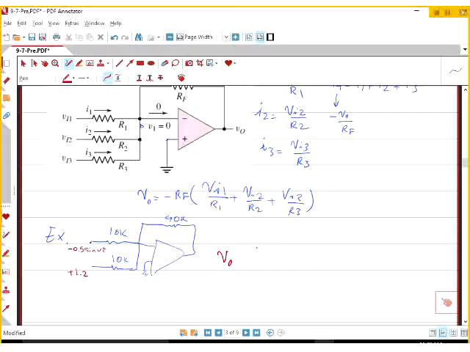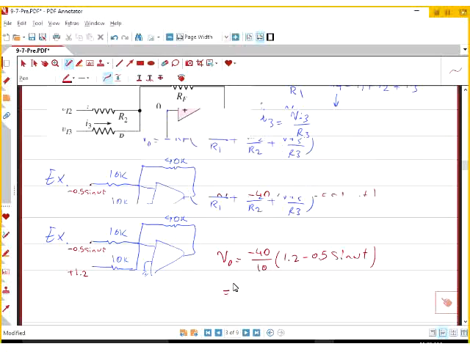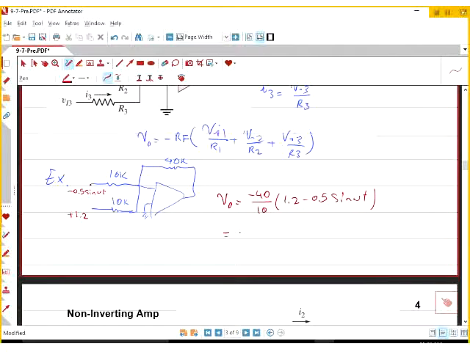You already know your gain of this equation is minus 40 divided by 10, and 1.2 minus 0.5 sine of omega t, which makes your VO minus 4.8 plus 2 sine of omega t.